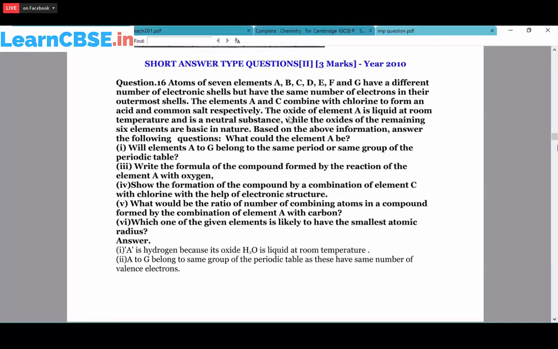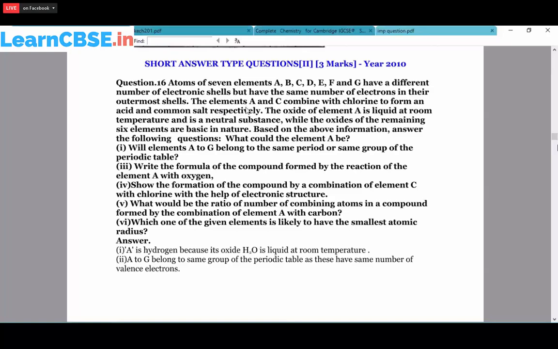So this question is from the year 2010. The atoms of the seven elements A, B, C, D, E, F, and G have a different number of electronic shells but have the same number of electrons in the outermost shell. So it means that they have the same group because they have the same number of electrons in the outermost shell.